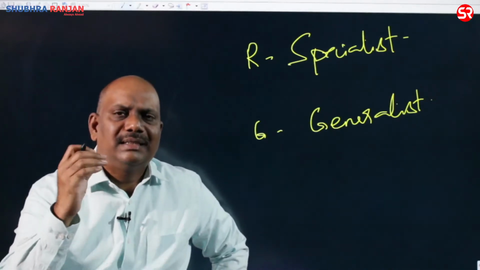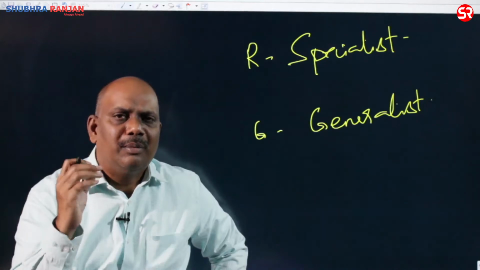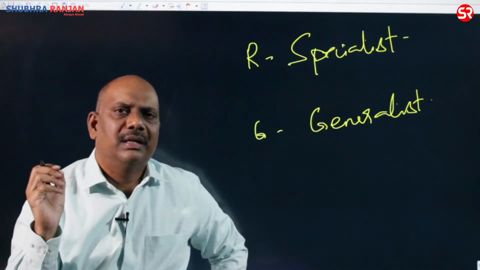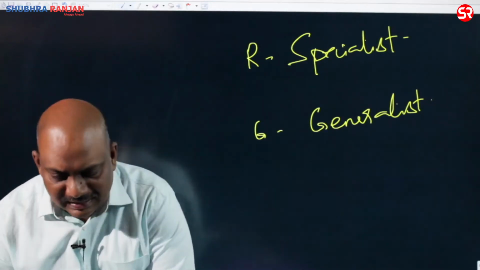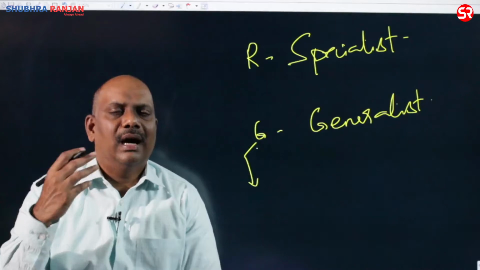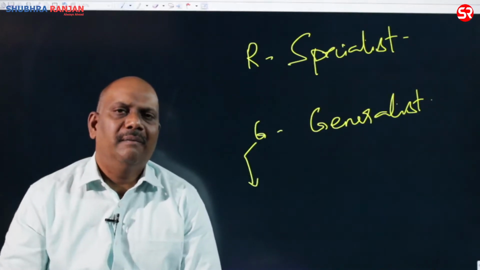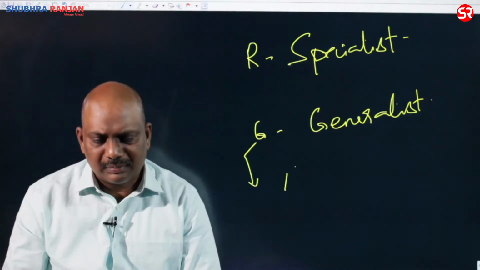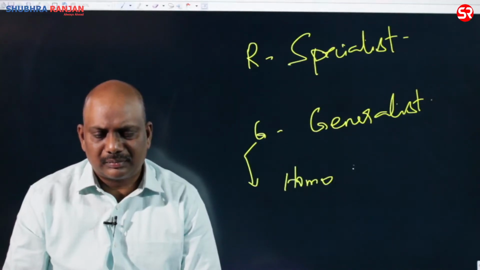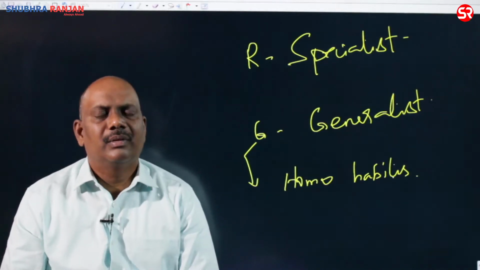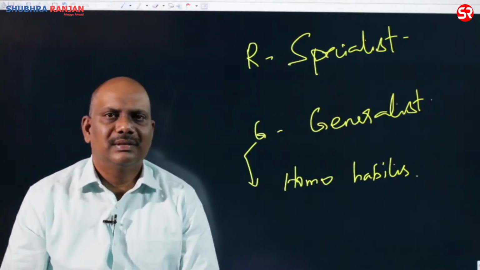So, with the change in climate, Robust couldn't survive. Robust became extinct. And it is this Gracile which further evolved, got adapted, and evolved into Homo habilis. Got it?